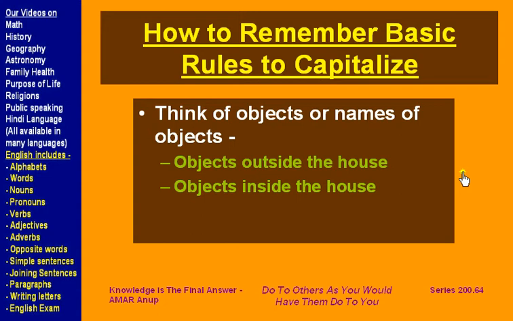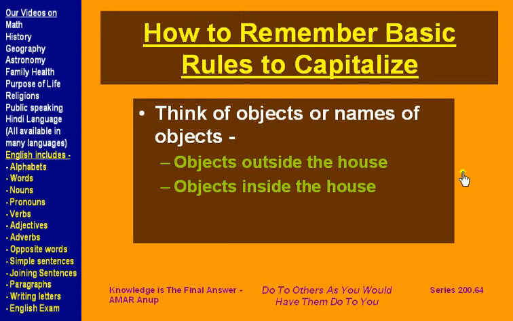An easy way to remember what to capitalize in written English: I have developed a system which will help you remember what to capitalize. That system is to think of objects and names in terms of whether they are outside the house or inside the house.